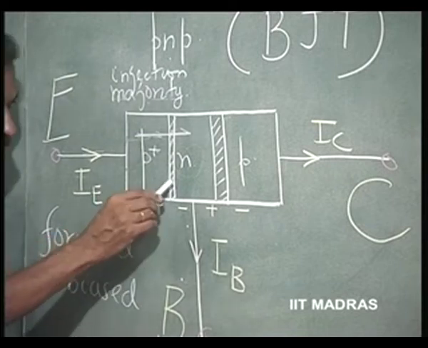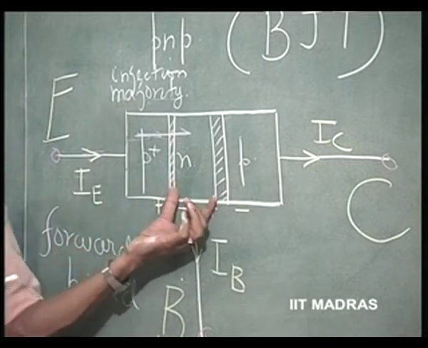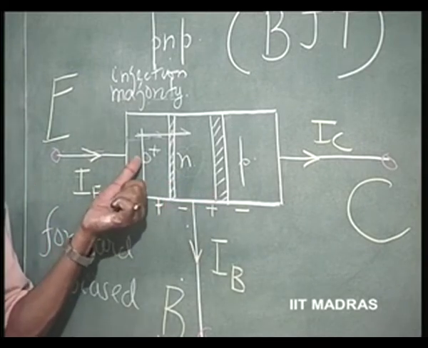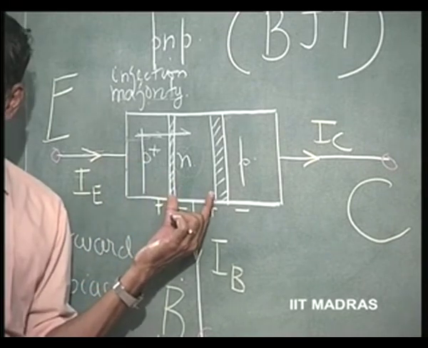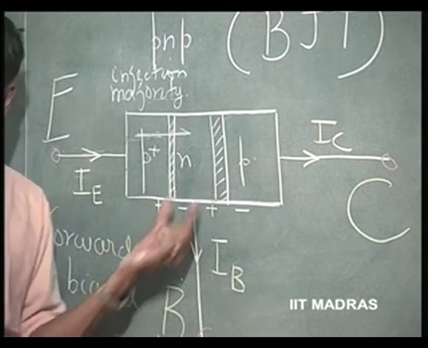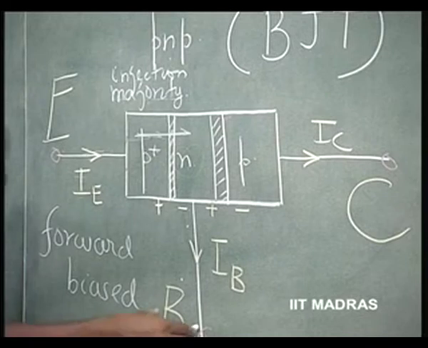So, what do we do? We make this region as thin as possible. The construction of a transistor should be such that this region is made P plus and this region is made as thin as possible. Therefore, we do not lose any of these injected carriers in this base region. This region is called the base region.